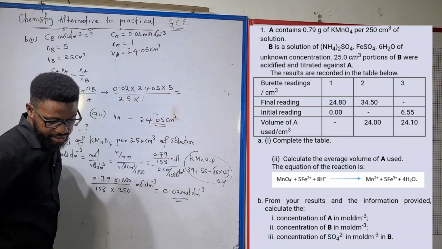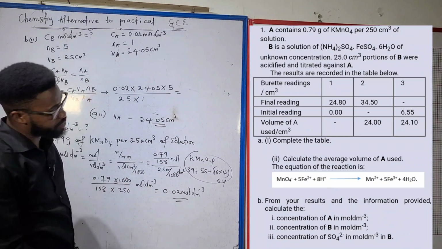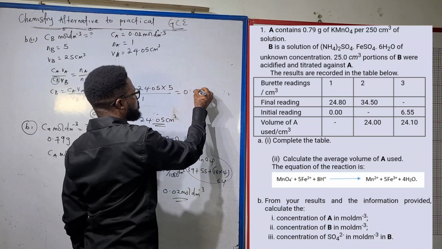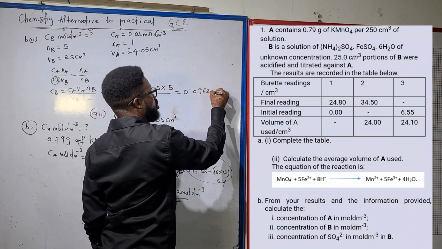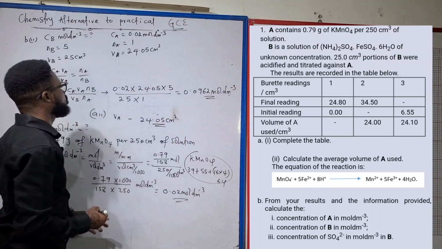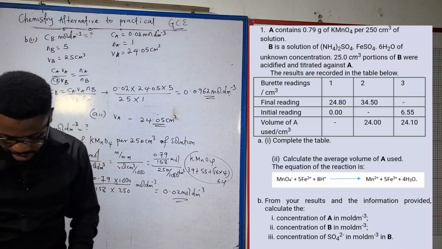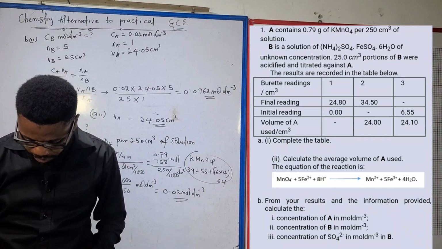If you compute this, what you are going to have is 0.0962 mole per dm cube, and that just takes care of question B2.